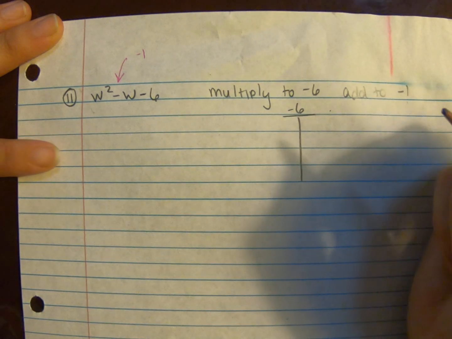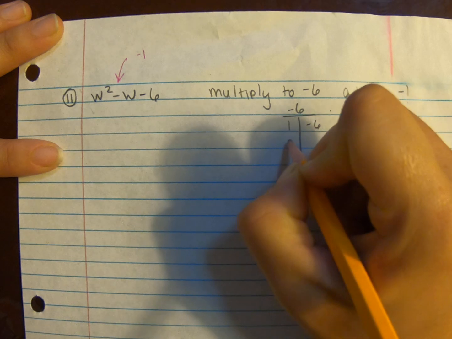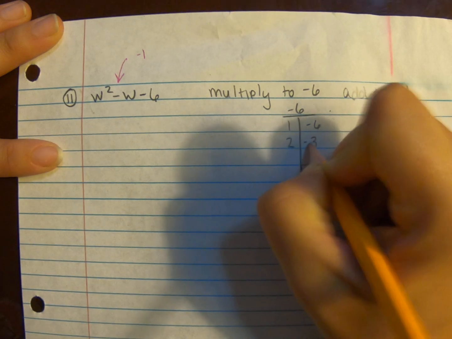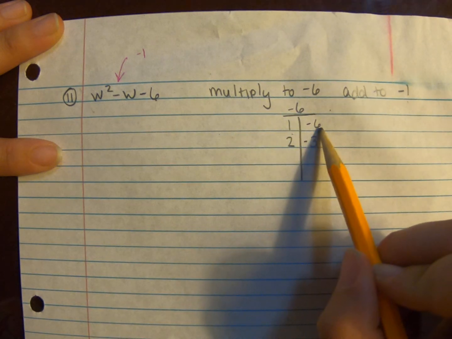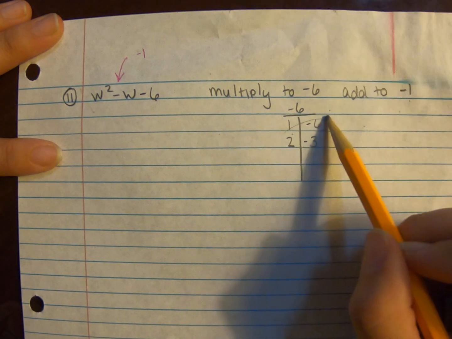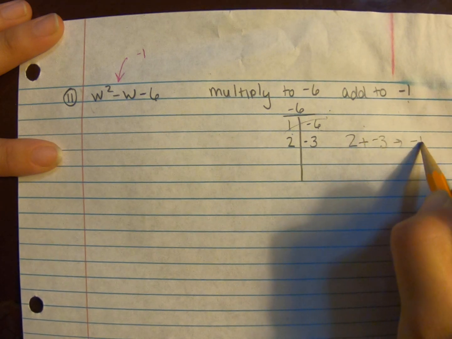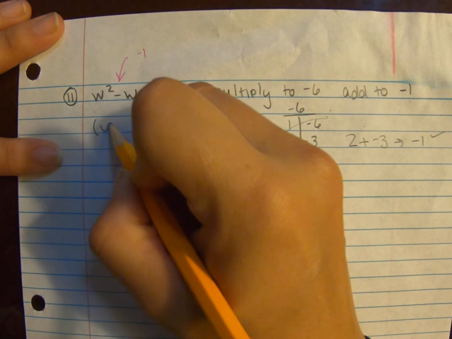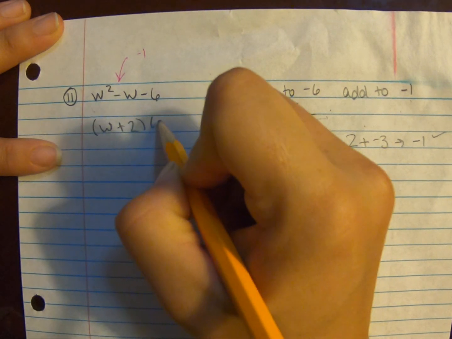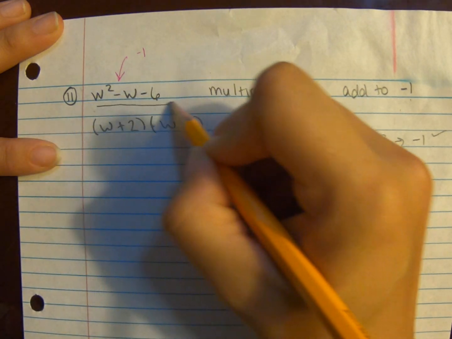What numbers multiply to negative 6? 1 times negative 6. 2 times negative 3. 1 plus negative 6 would give us negative 5. So that's not it. But 2 plus a negative 3 is a negative 1. So those are our numbers. W plus 2, W minus 3.